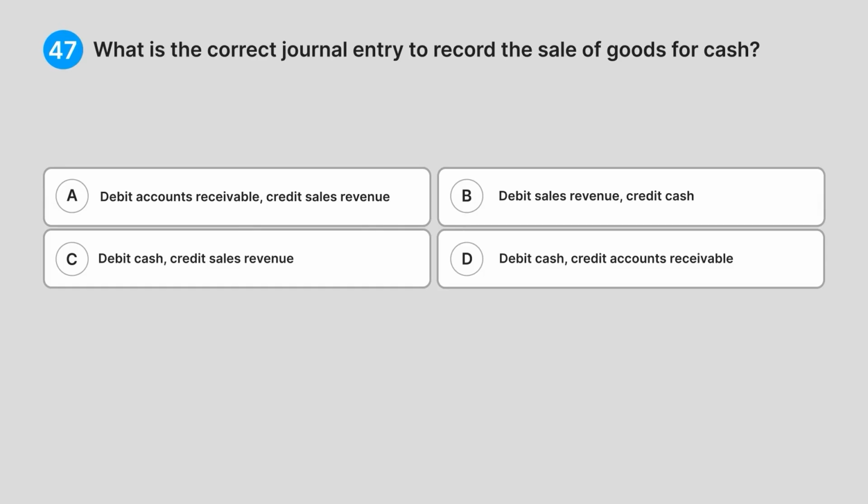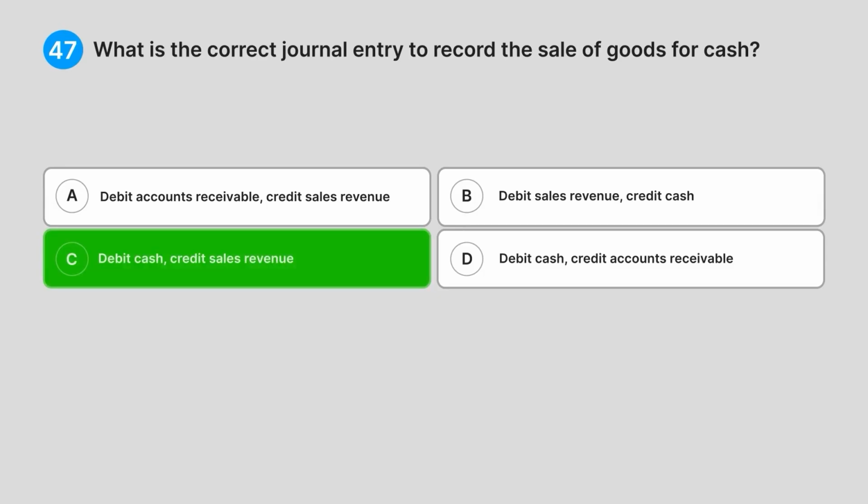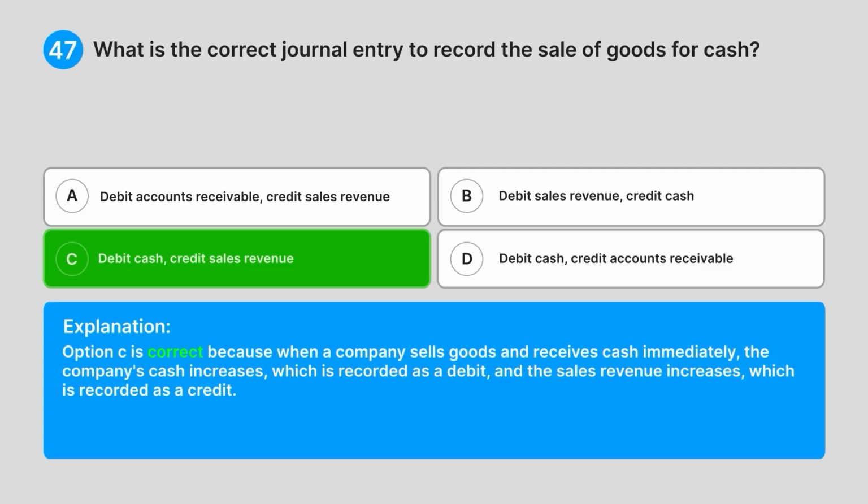Correct answer. C. Debit cash, credit sales revenue. Explanation. Option C is correct because when a company sells goods and receives cash immediately, the company's cash increases, which is recorded as a debit, and the sales revenue increases, which is recorded as a credit.